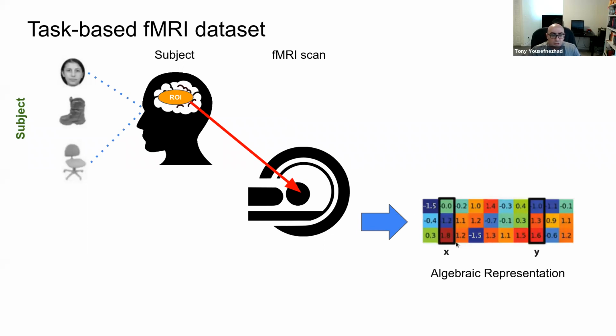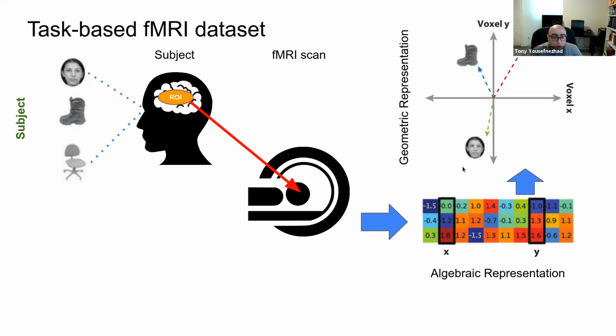During my presentation, I call this matrix the algebraic representation. The reason we call it algebraic is that it's in matrix form, always time points by voxels. We have another way to present the neural activity called geometric representation.